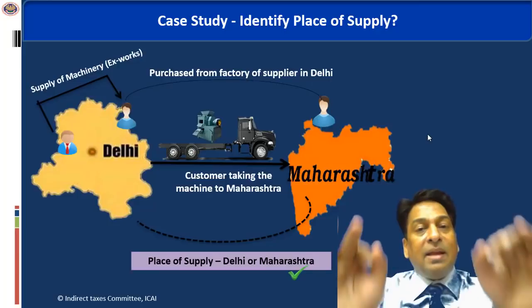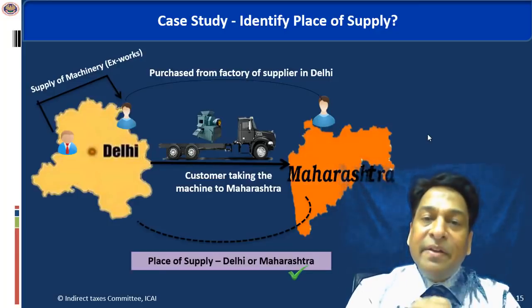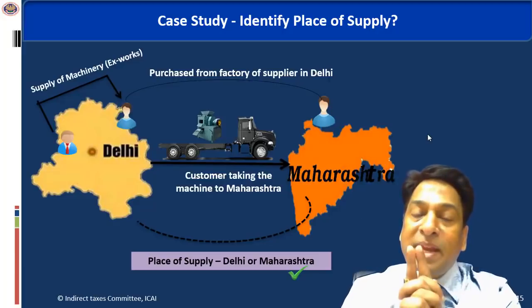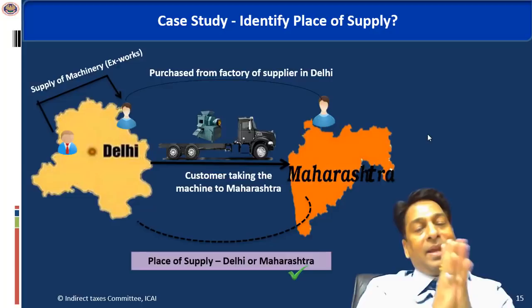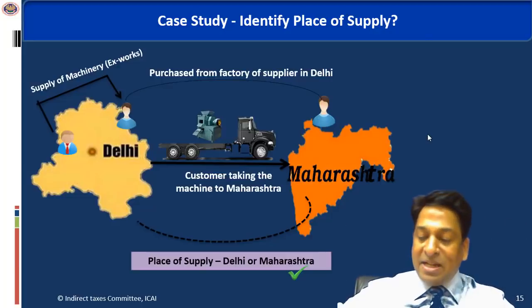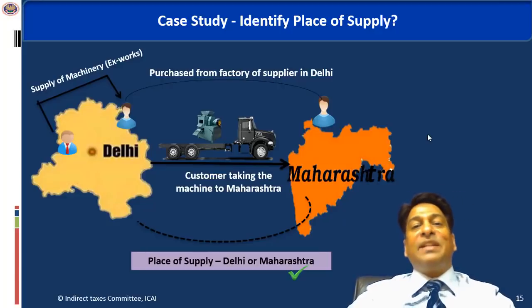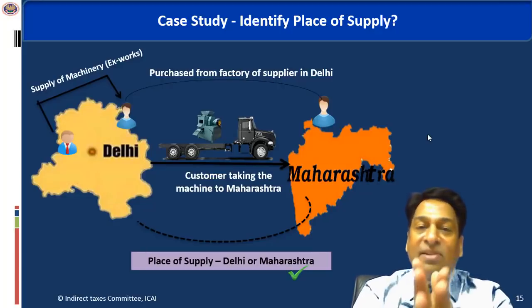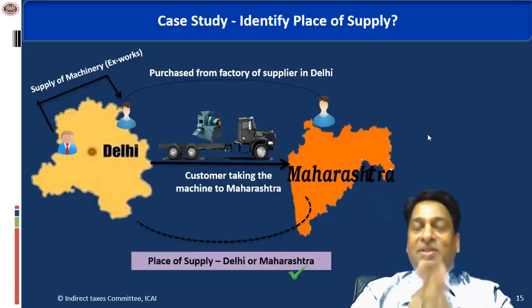My only question to all of you is, please tell me whether this transaction would be intrastate or interstate. Keeping in mind the same fundamental location of supplier and place of supply within the same state is intrastate, in a different state is interstate.